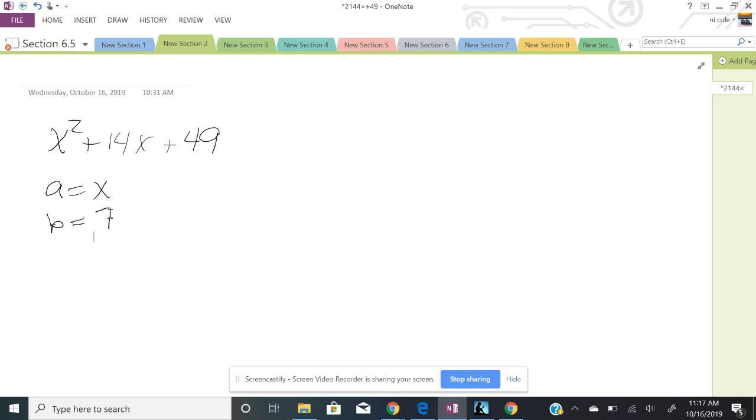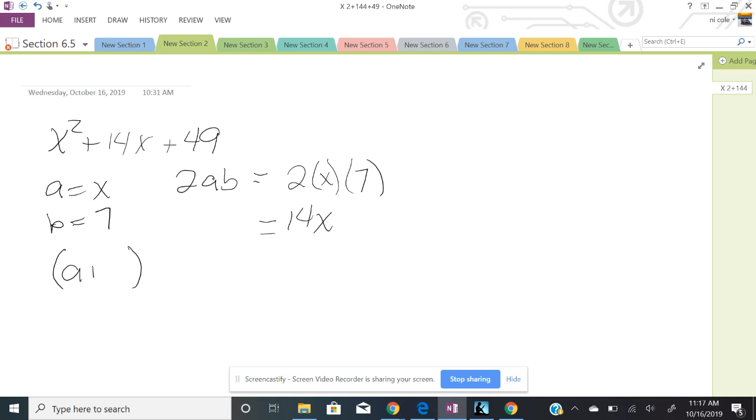And for us to be able to use that rule, we need 2 times a times b, and that is 2 times x times 7. 2 times 7 is 14, so that gives me 14x, which is what I have right here. So therefore, I can use this and go, well, it's a plus b squared. So in reality, it's actually x plus 7 squared.